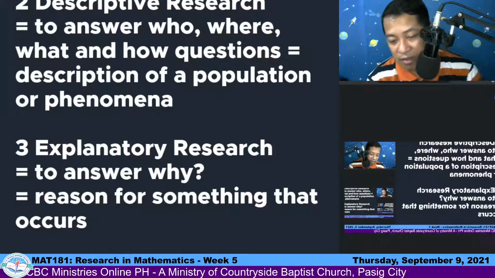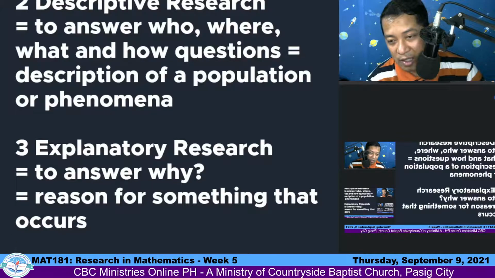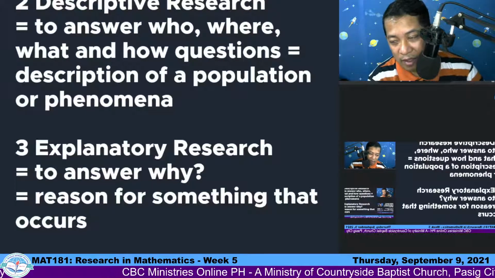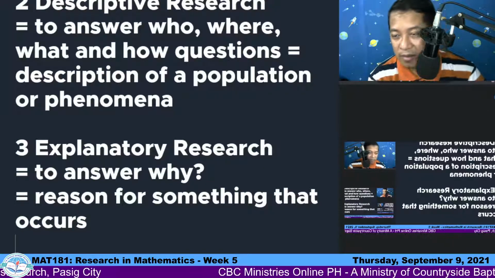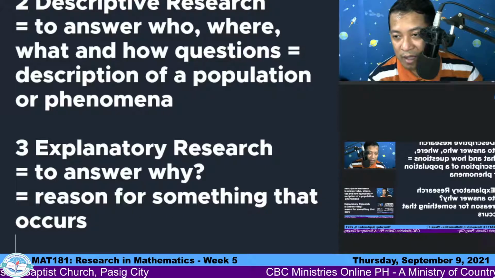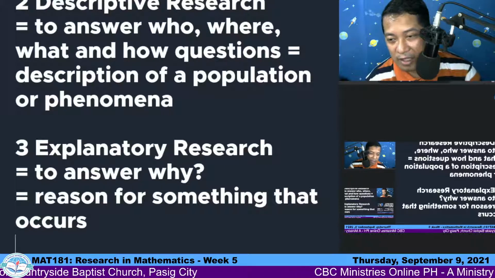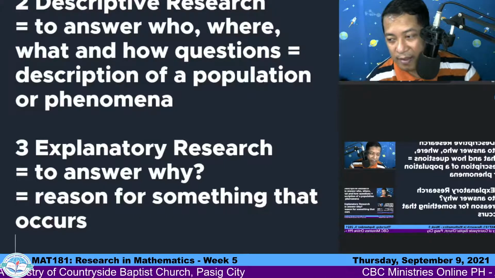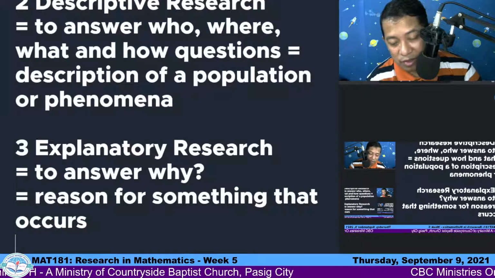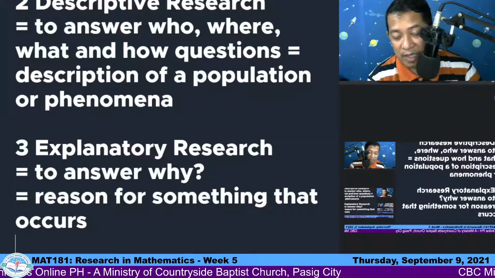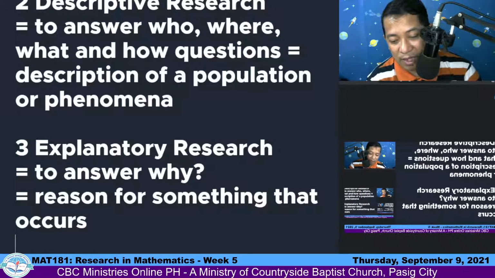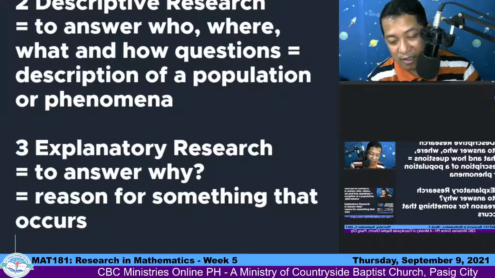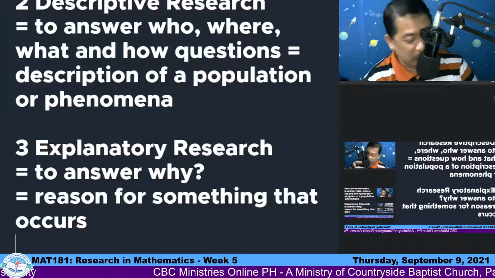So hindi lang yung description, halimbawa study on the bullying in a particular school. You're just describing it. Now you may answer who, where, what, and how, but to answer its why, it's more on exploratory research, mga kapatid.